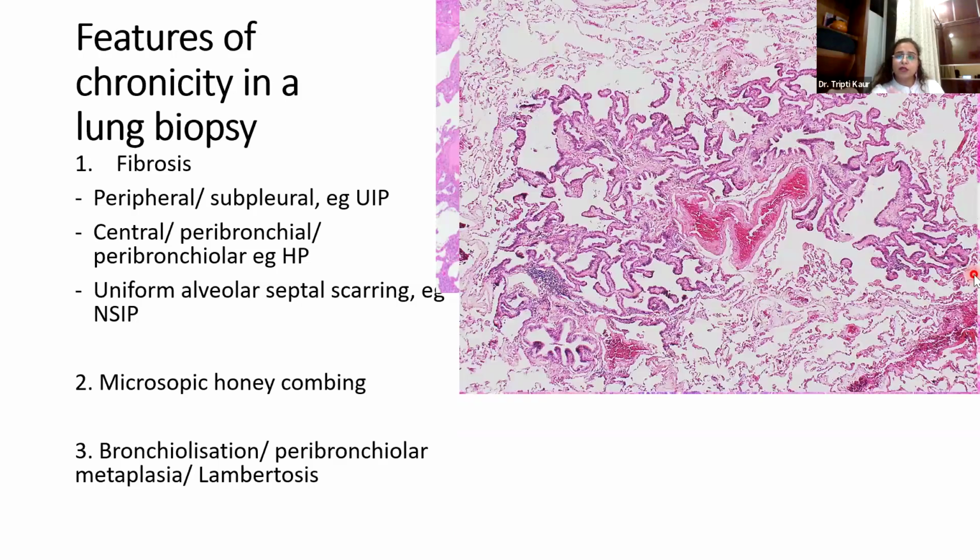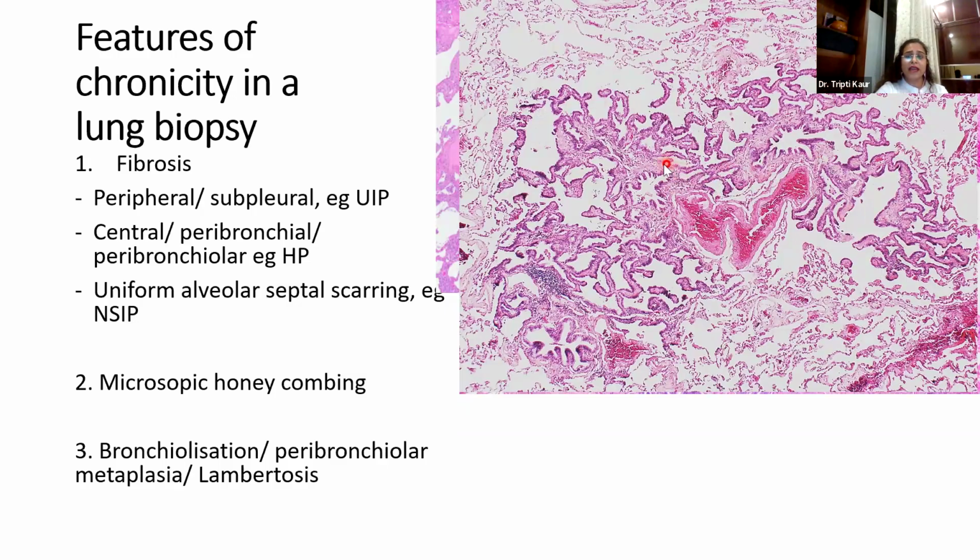And then last but not the least, this is a very important pointer towards hypersensitivity pneumonitis. This is actually bronchialization of the alveolar spaces. I told you a respiratory bronchiole runs with the pulmonary artery, but this is not how a respiratory bronchiole looks.